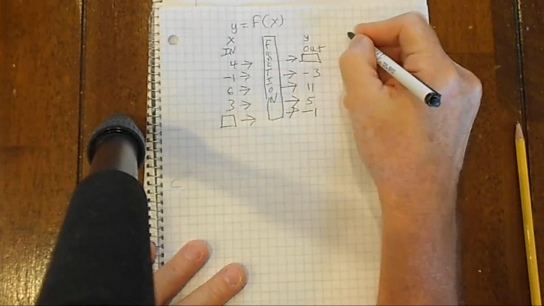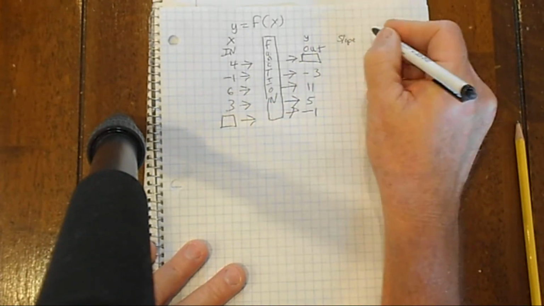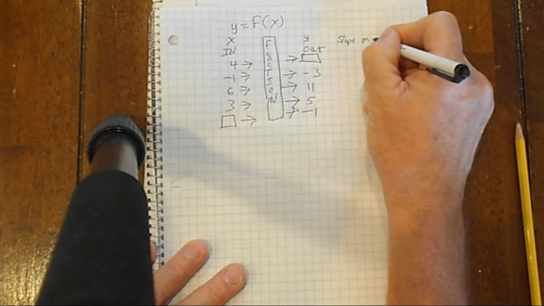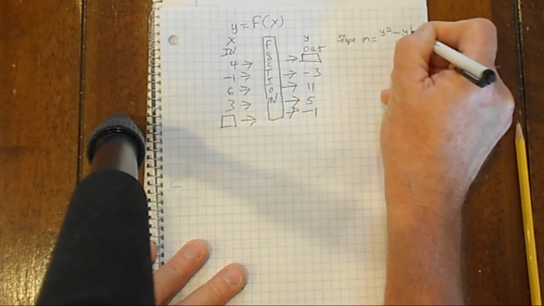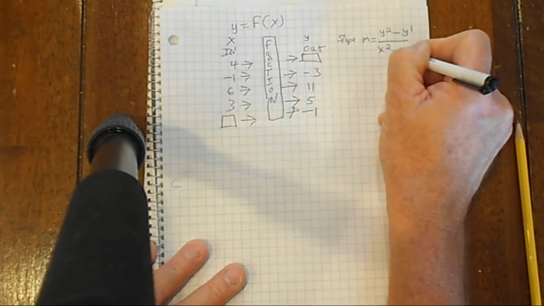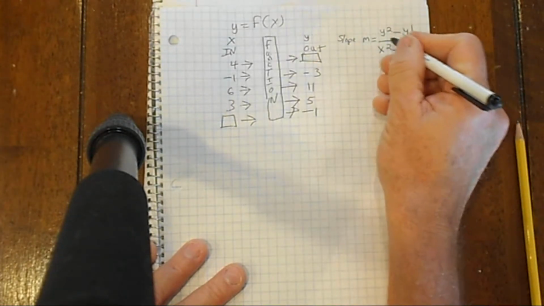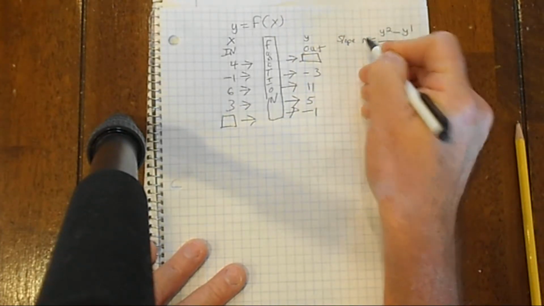So let's do the slope formula. I'll also show you a slide of what it looks like from the internet. Slope is m equals y2 minus y1 over x2 minus x1. Then once we solve that, and I'm going to do all this, but I'm just showing you right now, once we do that, we solve for m.